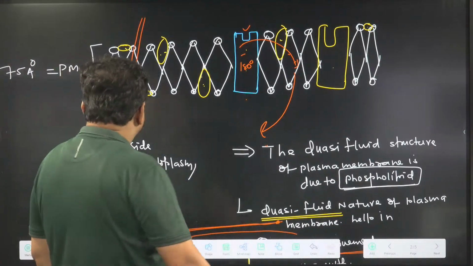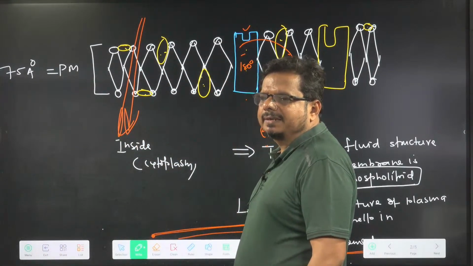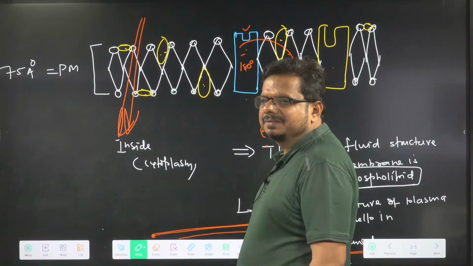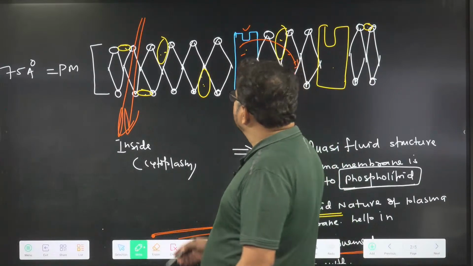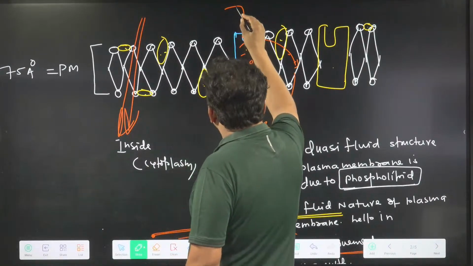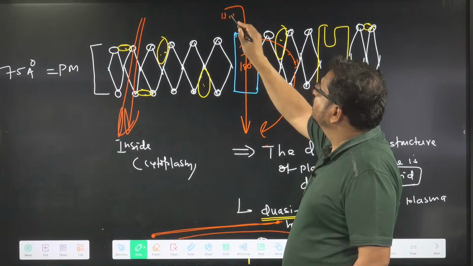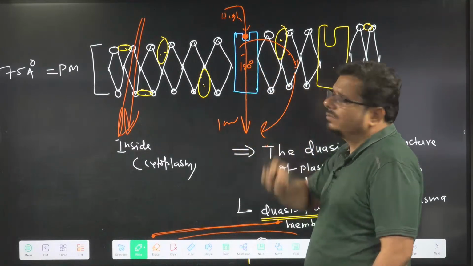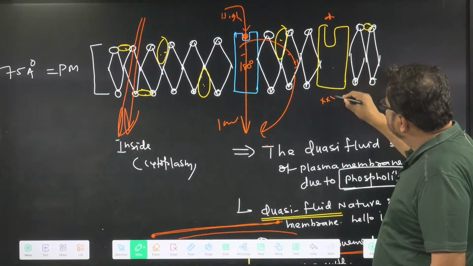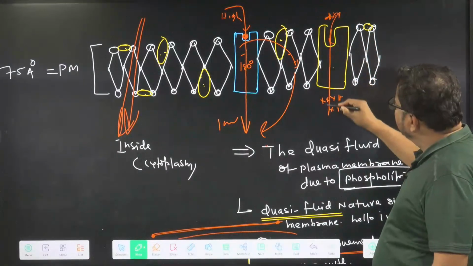Passive. Simple diffusion or facilitated diffusion? Simple. When something comes to the protein, binds with it, and is transported from high to low concentration, it is facilitated diffusion. And when something moves from low to high, binding here and passing here, it is called active transport.